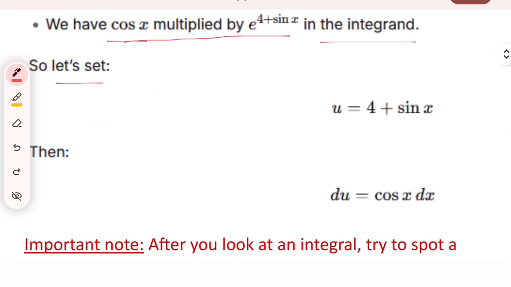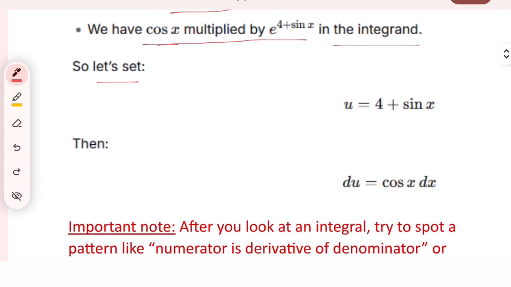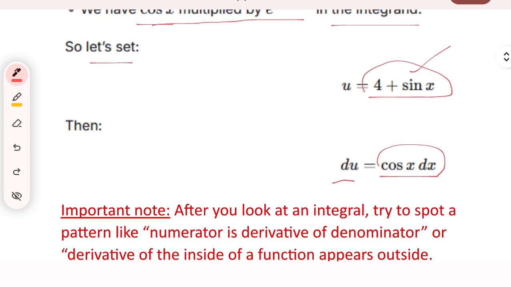If we let u be 4 plus sine x, what is the derivative of u, or the du? The derivative is cosine x dx, because the derivative of 4 is 0 and the derivative of sine is cosine. So du is cosine x dx.